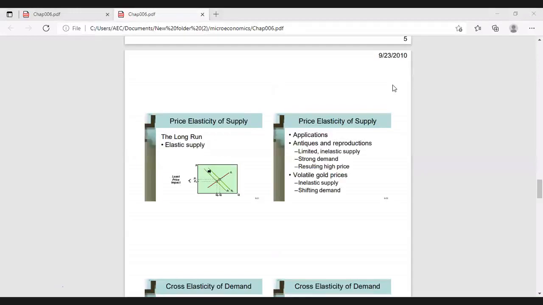For antiques that cannot be reproduced, the supply is inelastic. So if there is strong demand, the price will go higher.